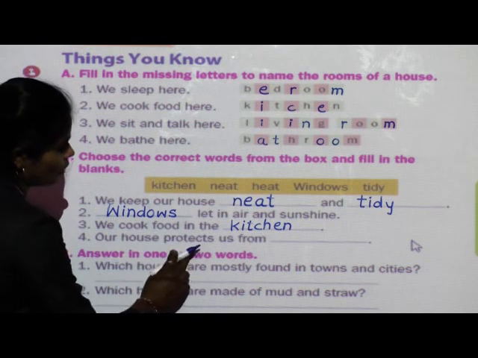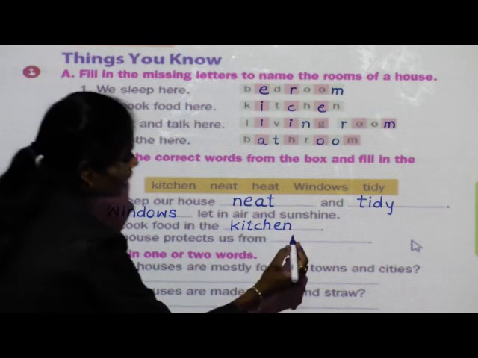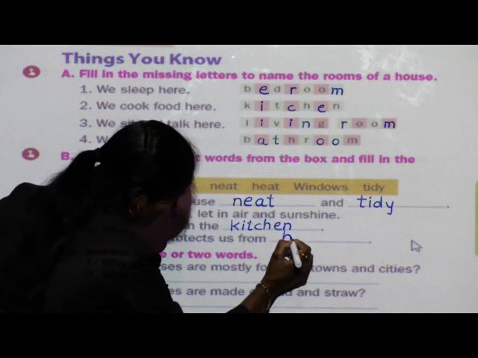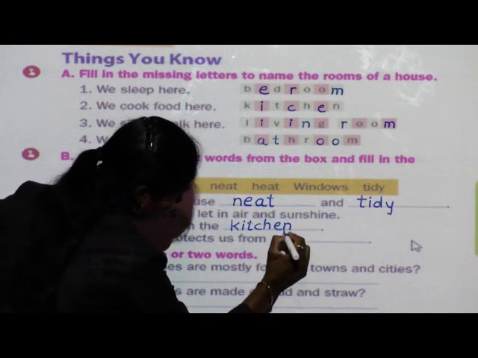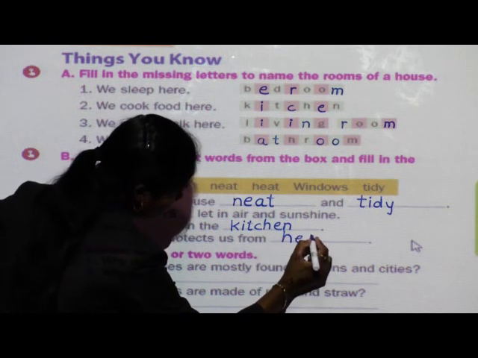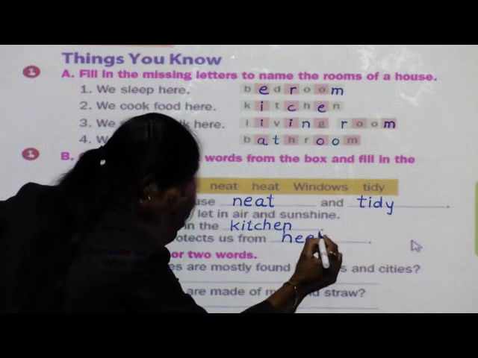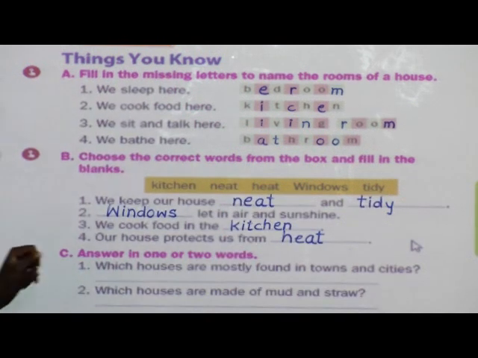Our house protects us from heat. Right? H-E-A-T, heat, and N-E-A-T, neat. Remember both the words. The meaning of both the words is different. Done.